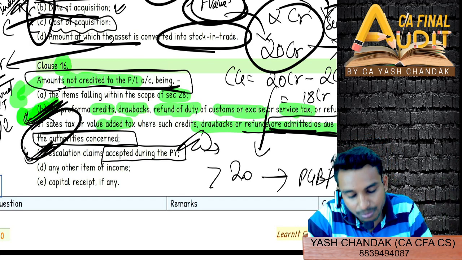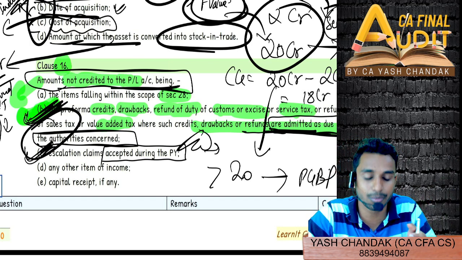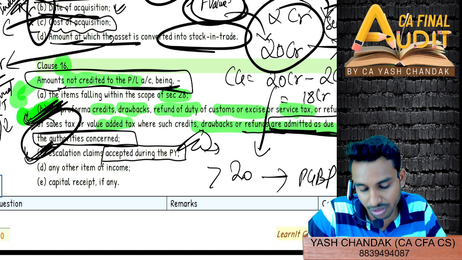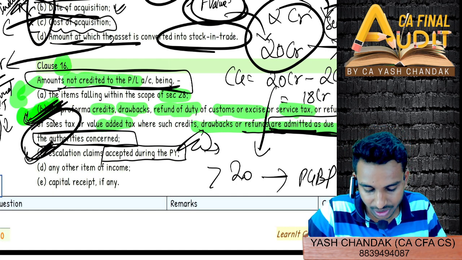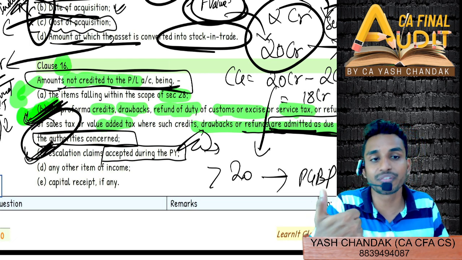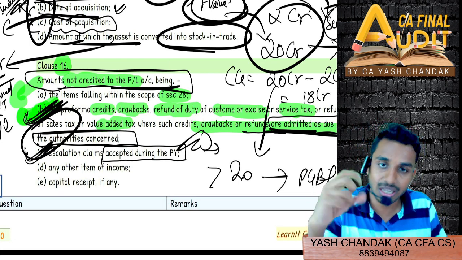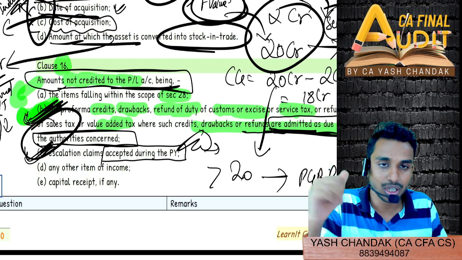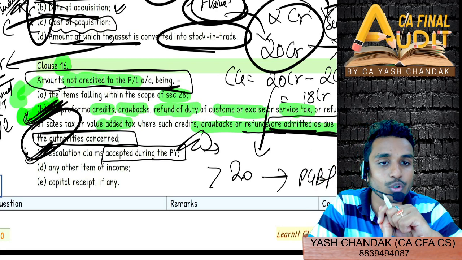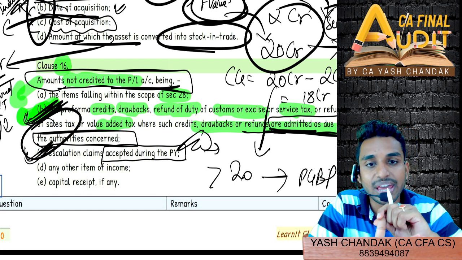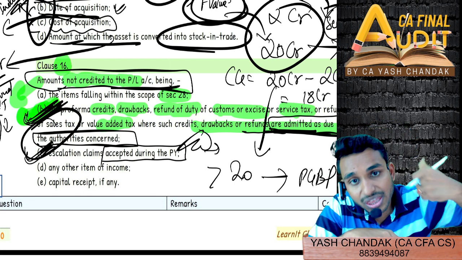But for a few items they can follow cash basis when they are skeptical, but we have to include them here under clause 16. Getting this? Clause 16, amounts not credited to profit and loss account. If already credited, you don't have to include. If not credited: first was section 28 charging section, second was refund of duties, drawbacks of duties, third was escalation claims made during the previous year and accepted.